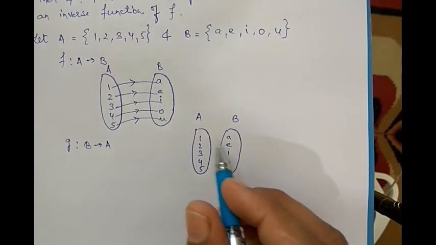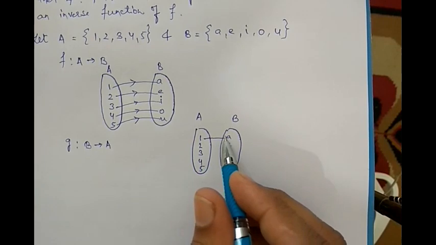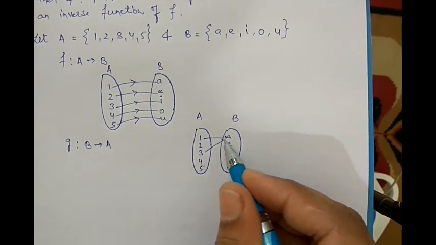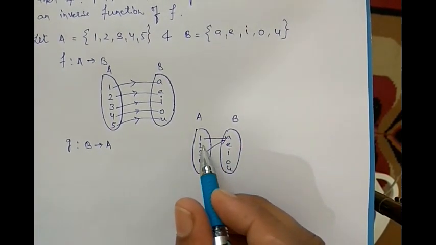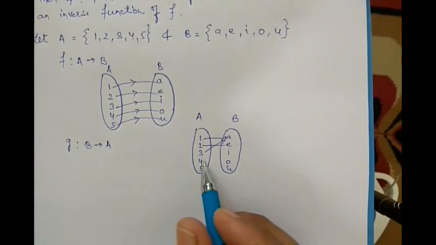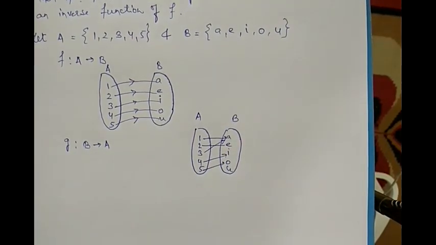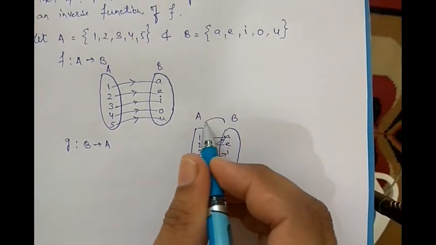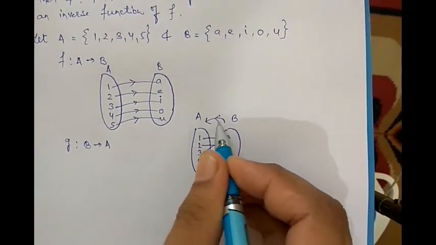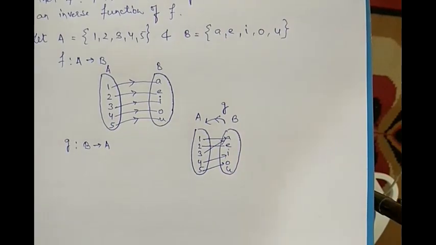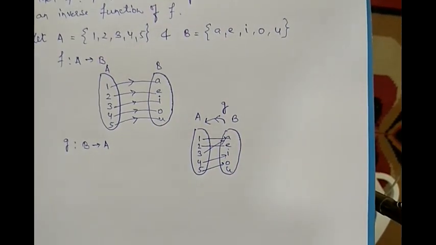And we say that for 1 this is a and for 3 this is also a, and likewise this and this. Then when you will try to define from this side, from here to here, what will happen?